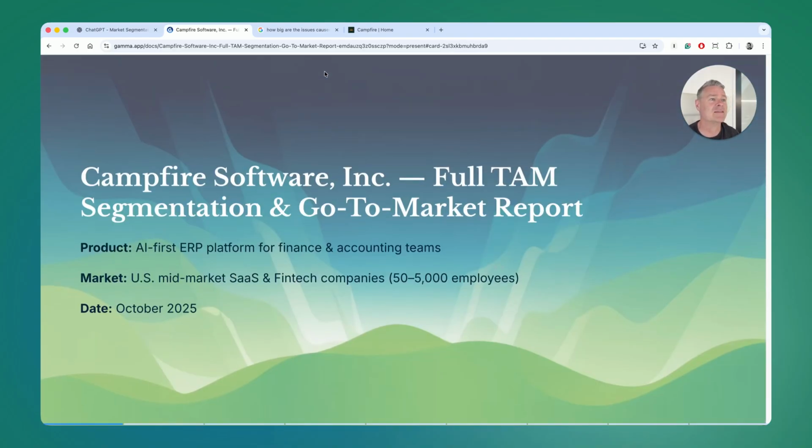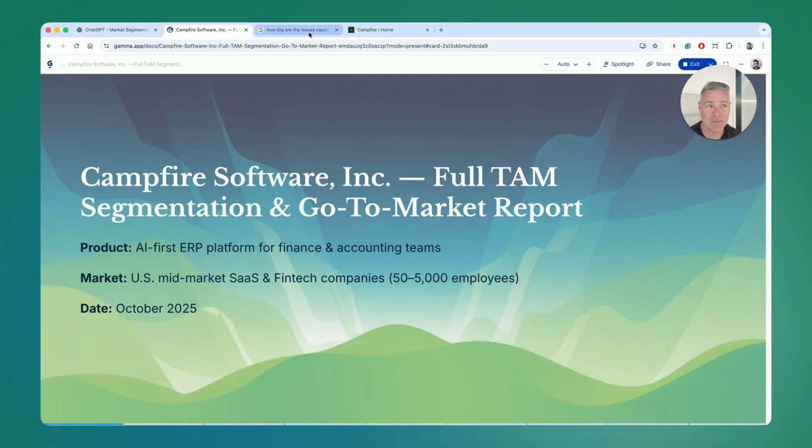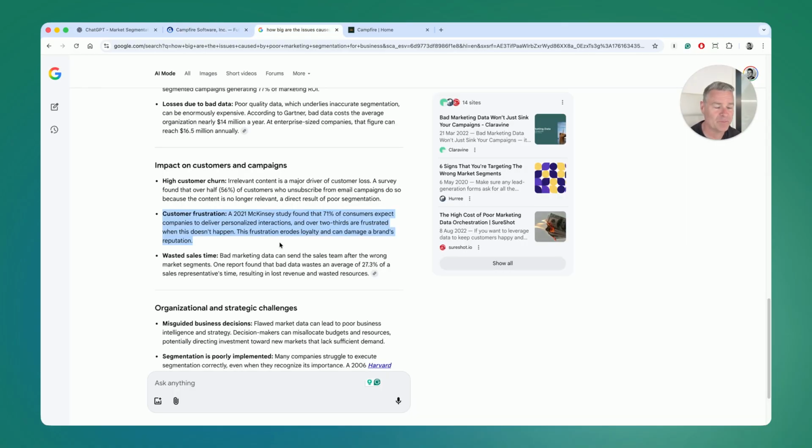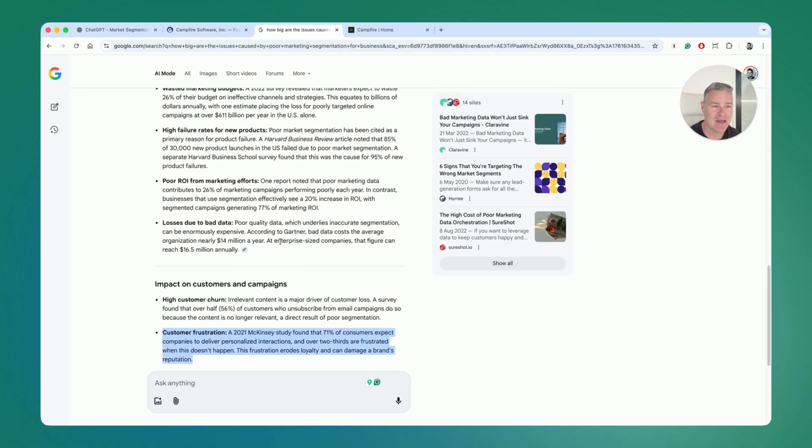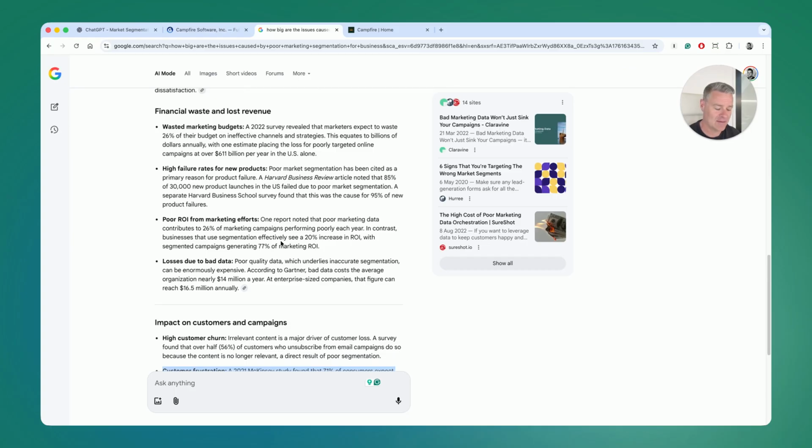But before we get into that, let's talk about why this is so important. It is crazy how much advertising investment gets wasted. If you look here, there are reports galore about 20%, 30%, 40%. Really poor ROI.